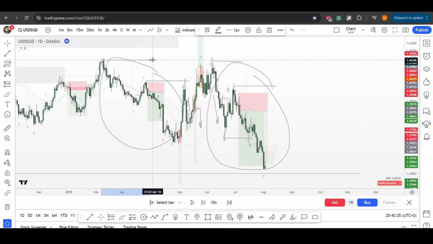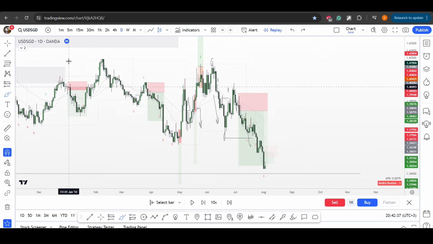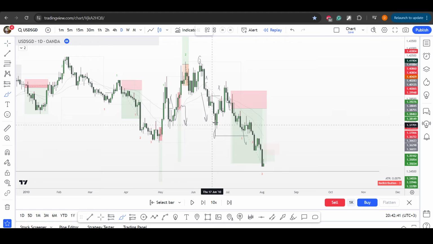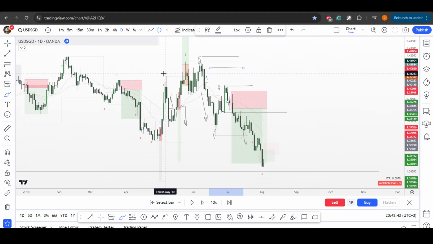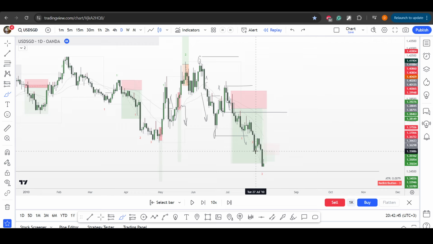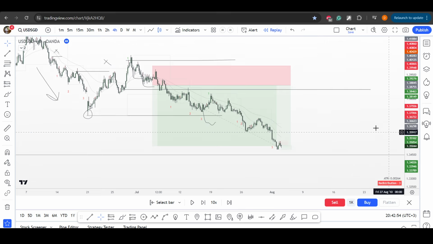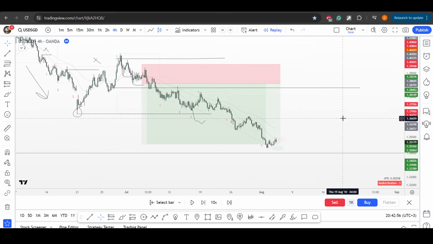So our zones of interest will be roughly this and this. Right now we are extended. The closest zone is this one. Yeah, and 4 hours is just extended as well.